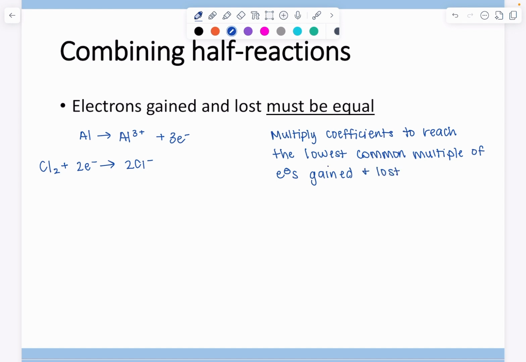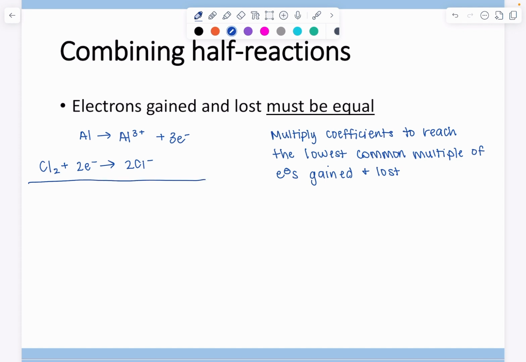And the goal here is to achieve the same coefficient in front of electrons on the reactant side and the product side. So right now we have 2 electrons. If we were to just add these together, I guess I will use this. Let's just show what this would look like.